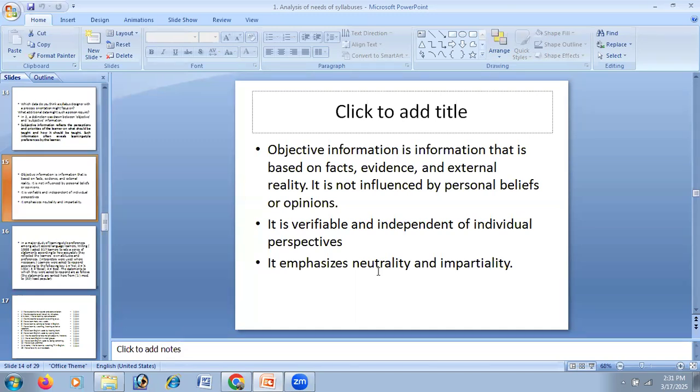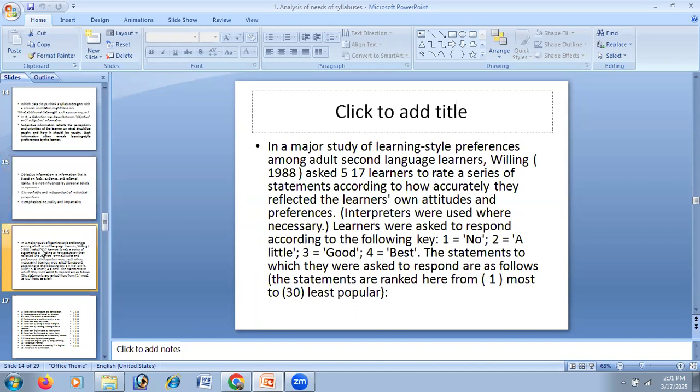Okay, so their professions will be their subjective data, but objective data, they want to improve their speaking capability. The setting, that means the institution, that would be the objective data. Okay, so it emphasizes neutrality.